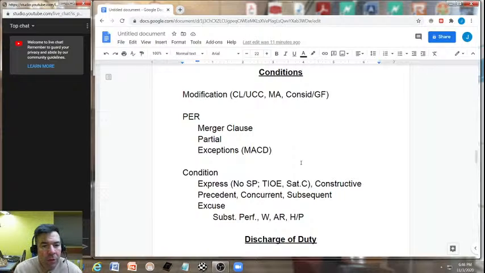Now remember, the common law's requirement for new consideration and the uniform commercial code's requirement for good faith should both be coupled with mutual assent of the parties. So it should read something like this, that under modification, the common law would require mutual assent and new consideration, where under the uniform commercial code, it would not only require mutual assent between the parties, but that the parties have modified their agreement in good faith. And that would be essentially what a modification is.